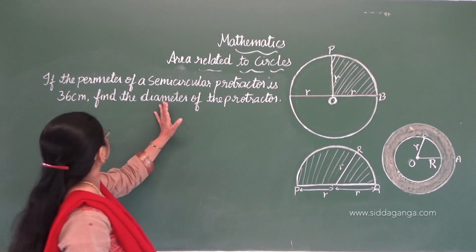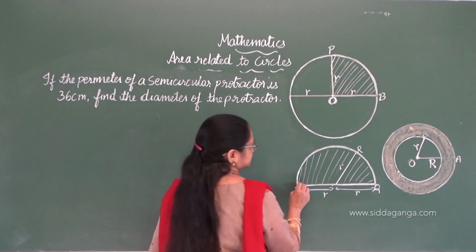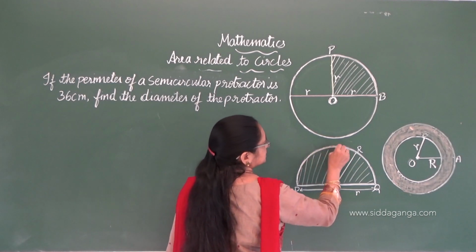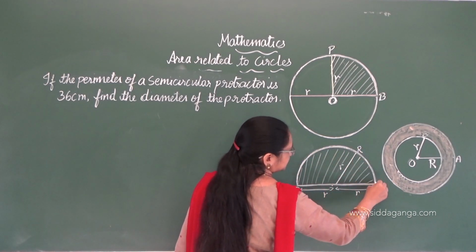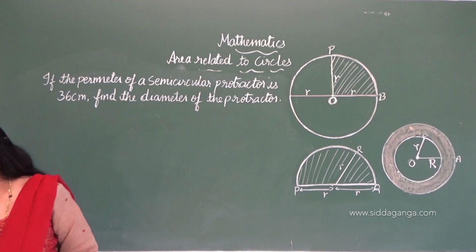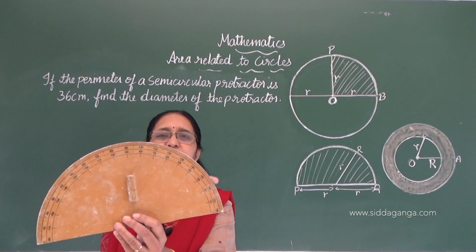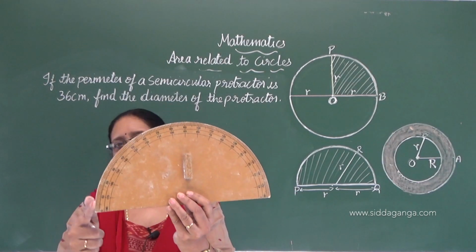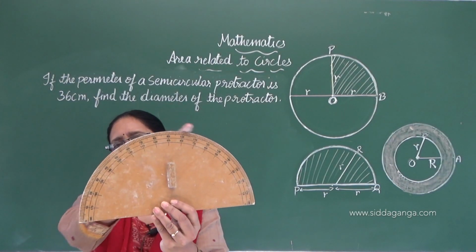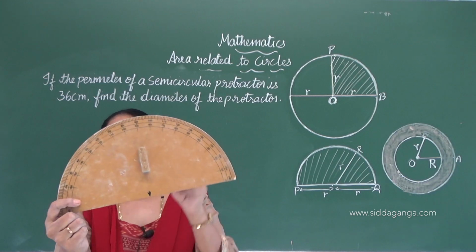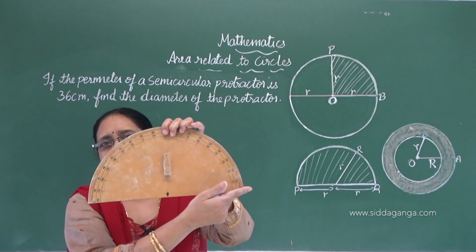I hope you understood the question. The perimeter means this portion. If the perimeter of the semicircular protractor is 36 centimeter, you have to find out the diameter.